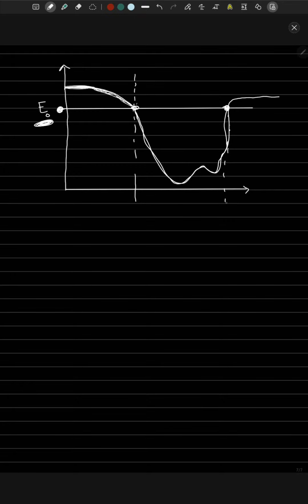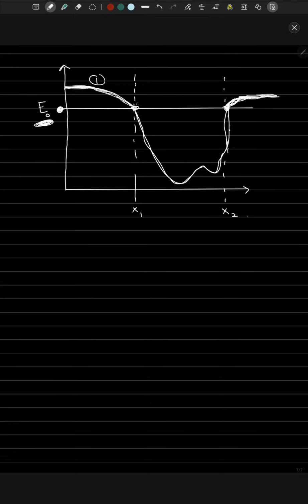So it can move from this point, let's call it x1, to this point x2. And again, over here, this line carries more energy than the total energy of the particle, and therefore it cannot access this region.